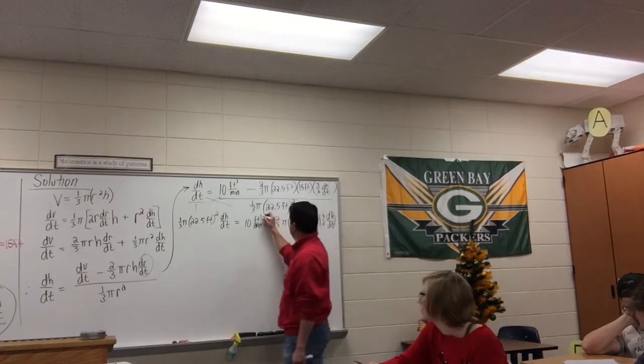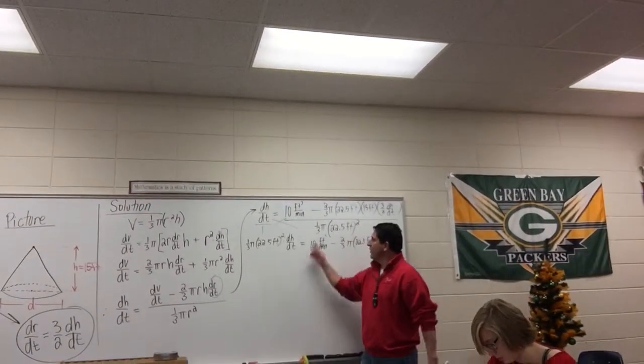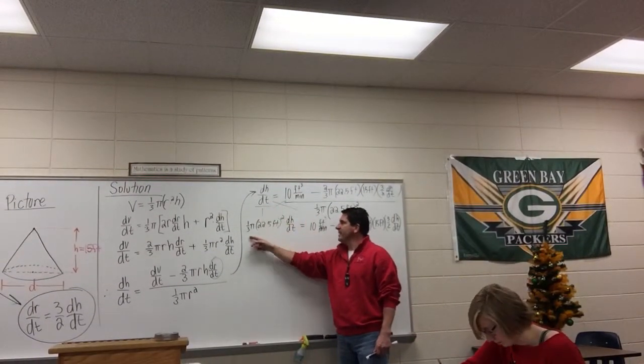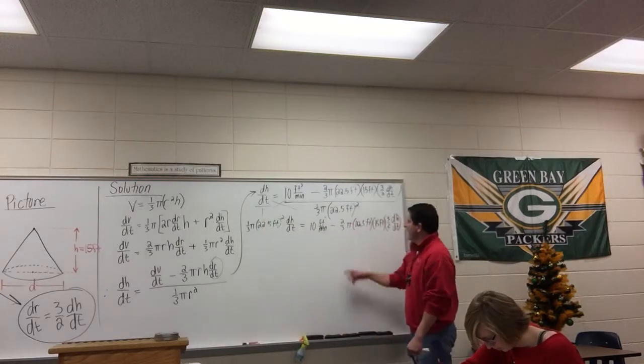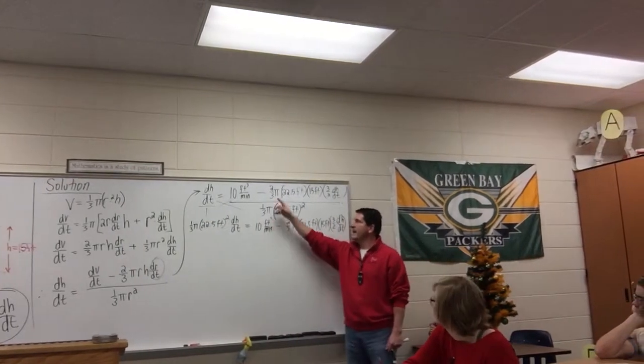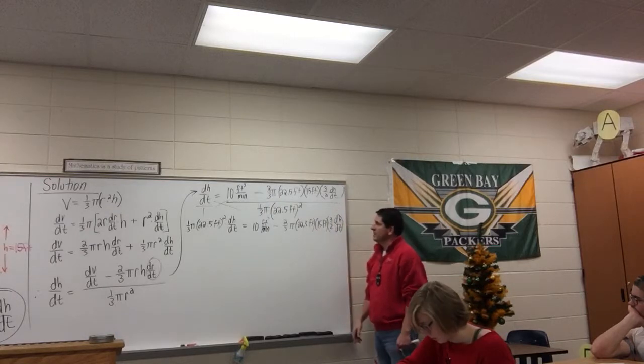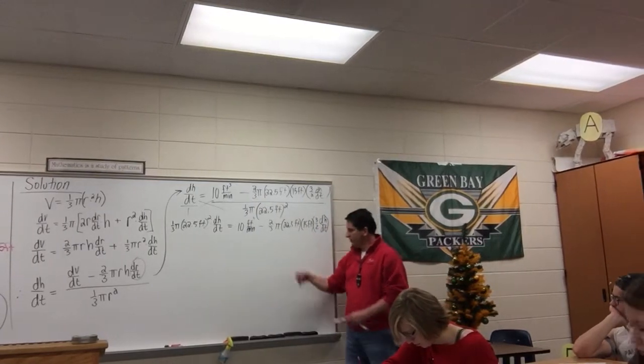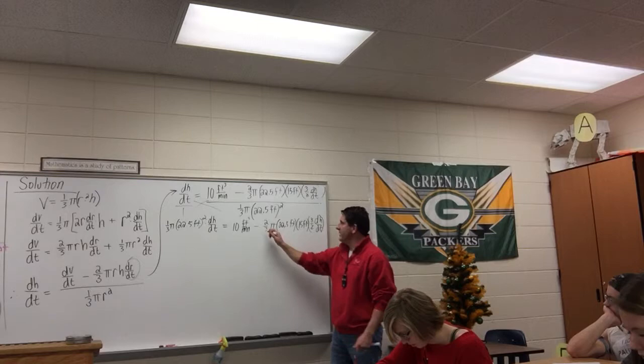So I got 1/3 pi times 22.5 feet squared, feet cubed. I took the bottom here, multiplied by dh/dt, and the top stays the same. Now there's only 3 terms here.